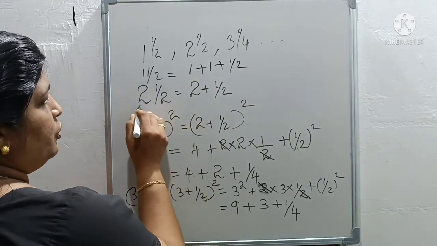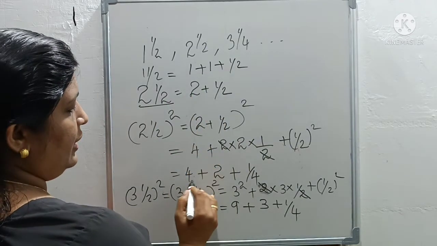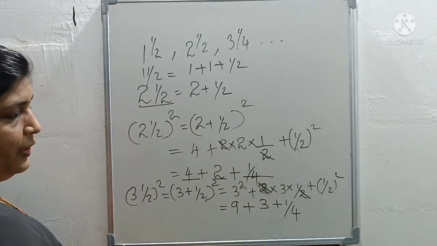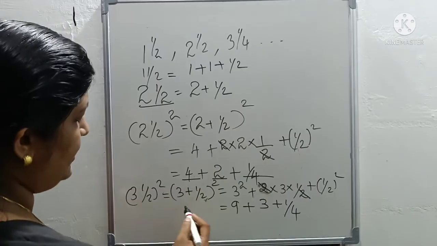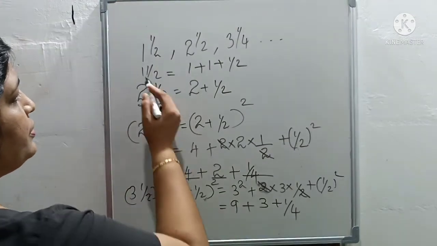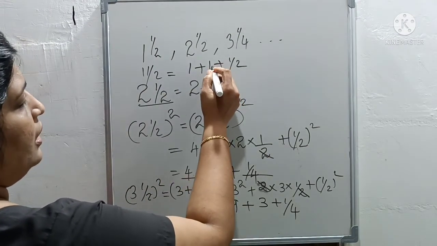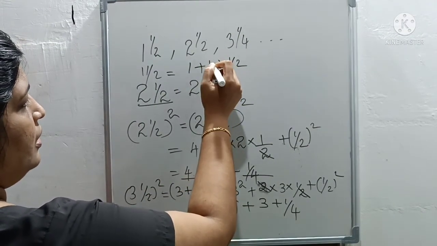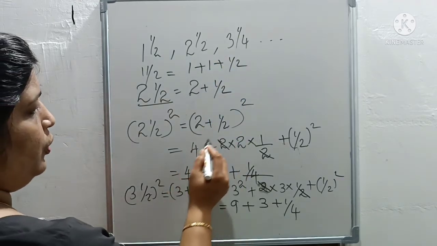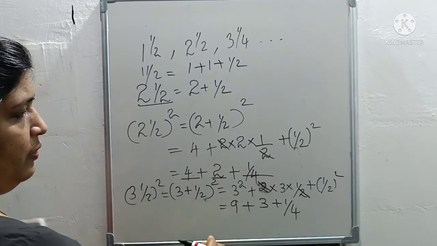What about 2 1/2 whole squared? That is equal to 4 plus 2 plus 1/4.